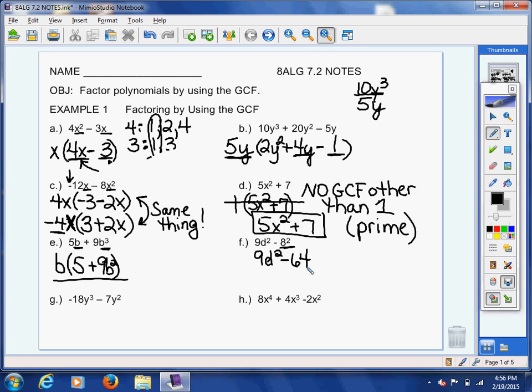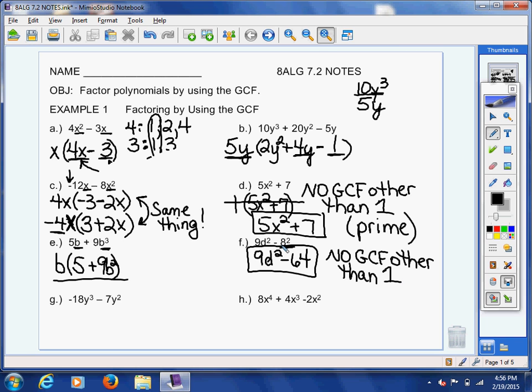So this is another one where we have no GCF other than 1, and so I would consider this prime. I can't pull out a GCF because it has a GCF of 1. So I just leave this as my answer right here.